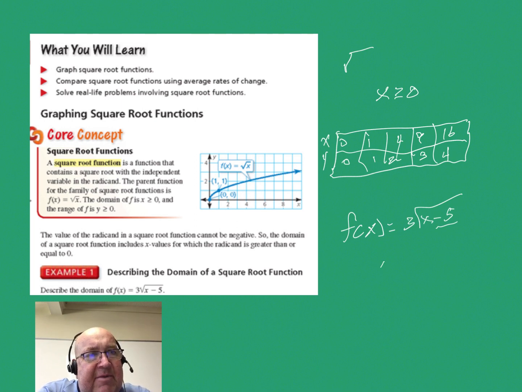So our x values are going to be greater than or equal to 5. The 3 in front is only going to stretch that and make the y values 3 times bigger each time. And still it'll change that same way. The range is still going to be y is greater than or equal to 0.